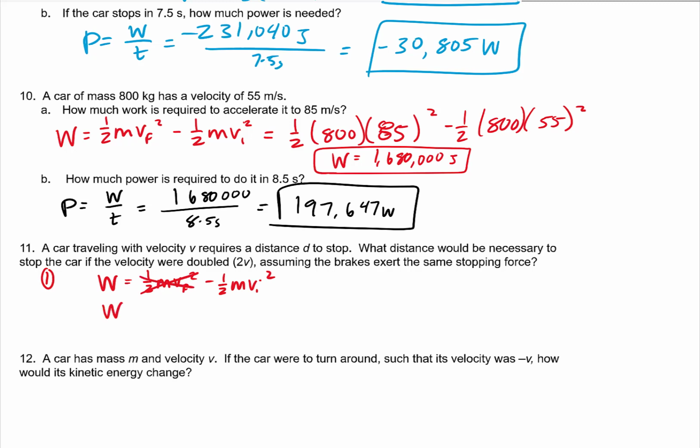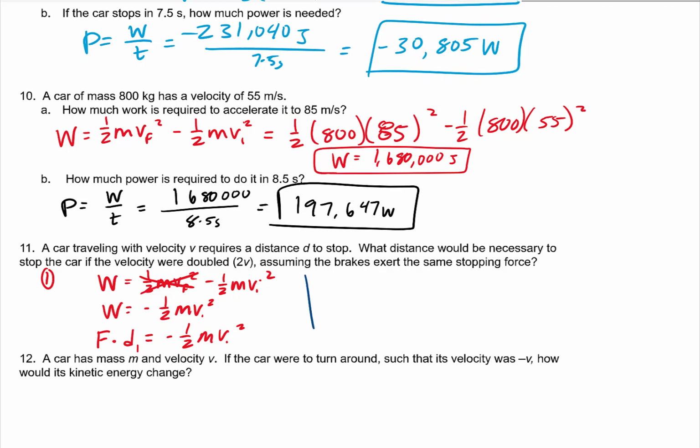So my work is going to be negative 1/2 mv initial squared. But my work is my force times my distance equals negative 1/2 mv initial squared. Same force, I apologize. We're going to call it distance 1.